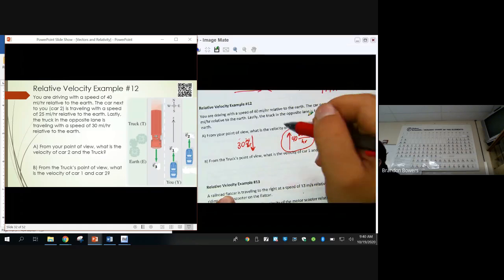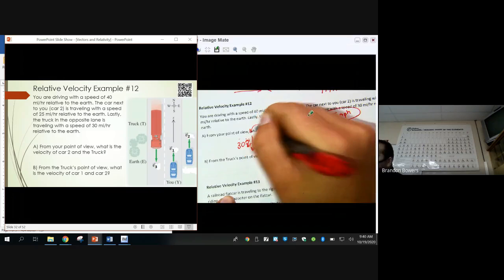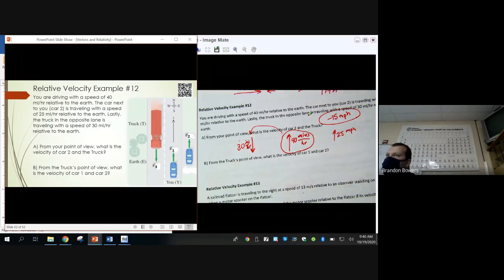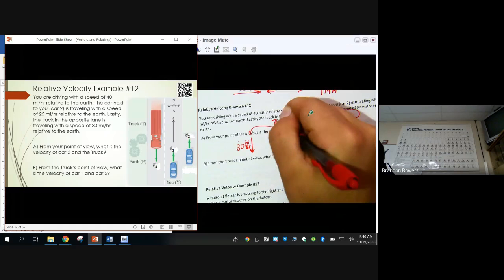Now for the truck, how fast does it look like I'm going for the truck? This is kind of like the football question. If I'm going 40 this way, and the truck's going 30 this way, that's 70. The truck looks like it's going 70 miles per hour.